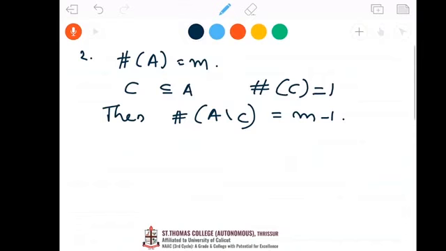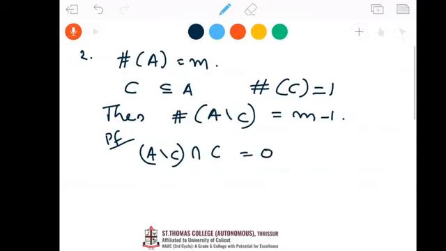Here, I have an A minus C and I have C. What about A minus C intersection C? This is empty. So A minus C and C are disjoint.